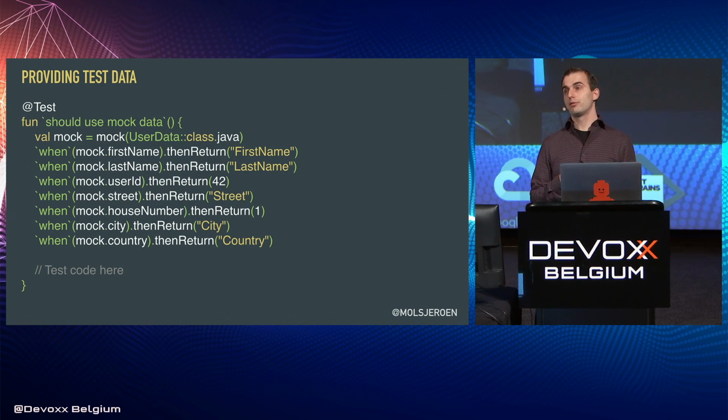Another thing you often need is providing test data. And we already have a mocking framework in place, so why don't we return a mock and then just return mock values for every kind of method invocation? Sounds solid, right? Well, actually, this isn't a great idea. Because if you now add a new method or value to the user class, then IntelliJ isn't smart enough to add a new when-mock statement.